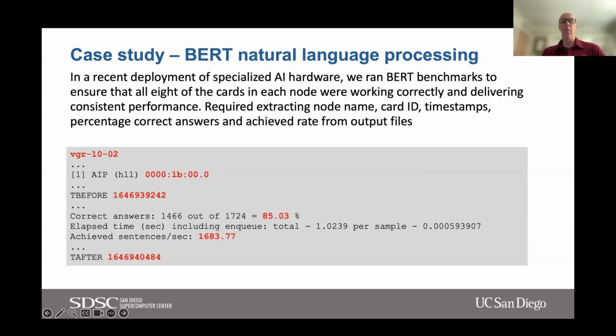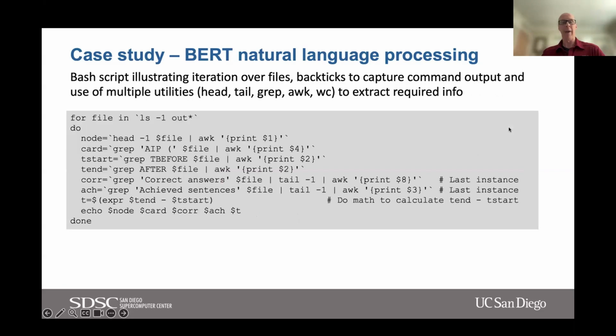Another example, this was benchmarking of output from the BERT natural language processing software. Again, we wanted the node number. There was some other information that we didn't want to get, say timestamps, the number of sentences per second that we could process, and the percent of the time that we got the correct output.